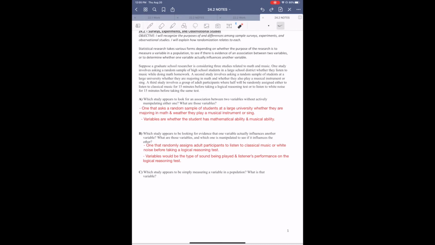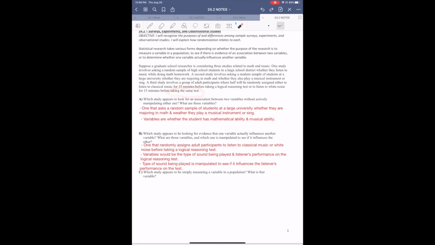Now we were also asked to identify which one is manipulated to see if it influences the other. In this case, it's the type of sound that is being played, right? Either they do amazing while they listen to classical music, or they would do amazing if they listen to white noise. So we're looking to see which of those would have a bigger impact on the same test that these participants took.